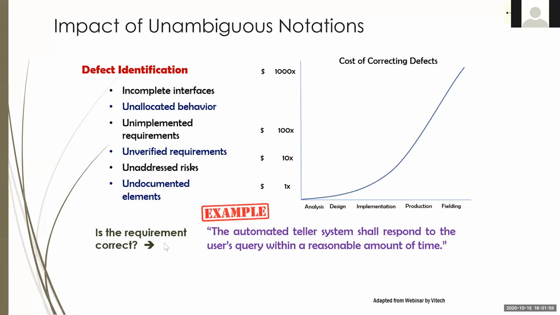Now, we have this example here. The automated teller system shall respond to the user's query within a reasonable amount of time. Can you guys put in the chat why is this requirement ambiguous?